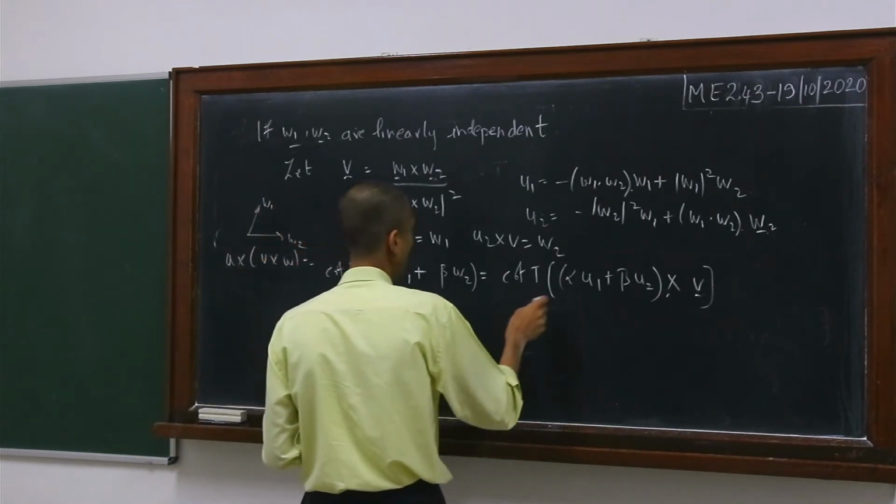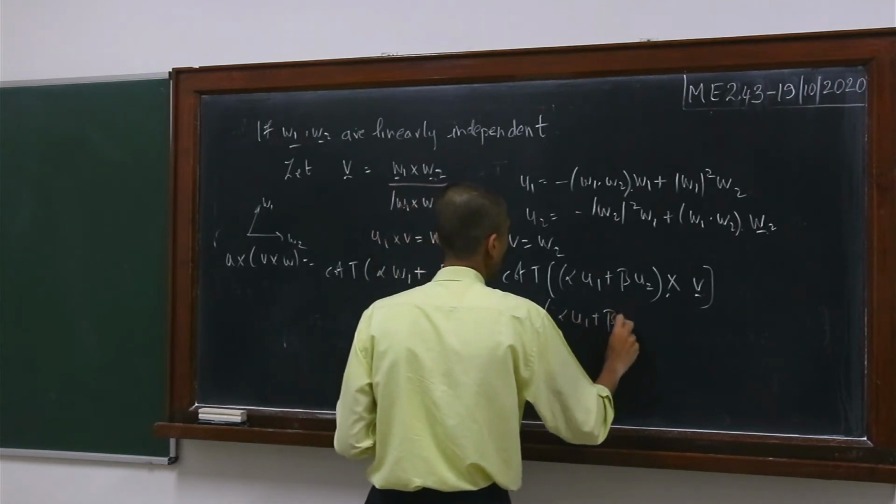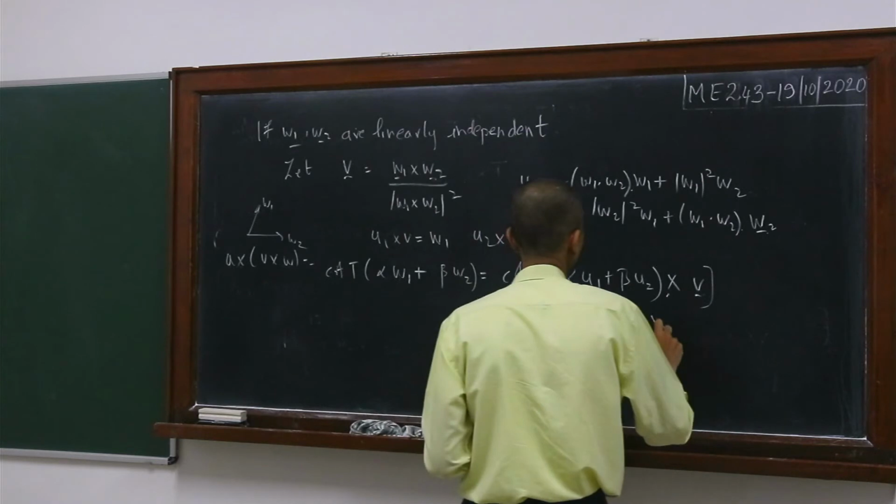Now this can be written as T of alpha U1 plus beta U2 cross with TV.